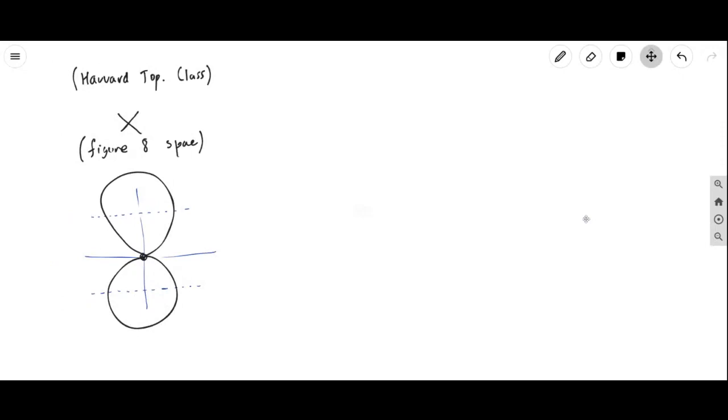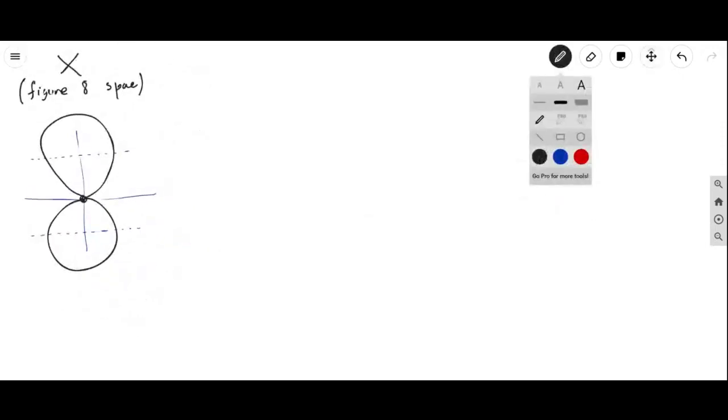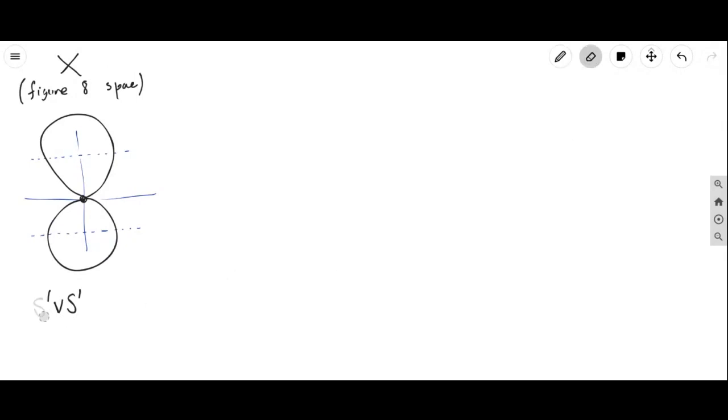Now, the notation that we use for this is we write S1, I guess this is called the 1-point union. You take two copies of S1, this is a circle, and you glue them at just a single point, 1-point union.